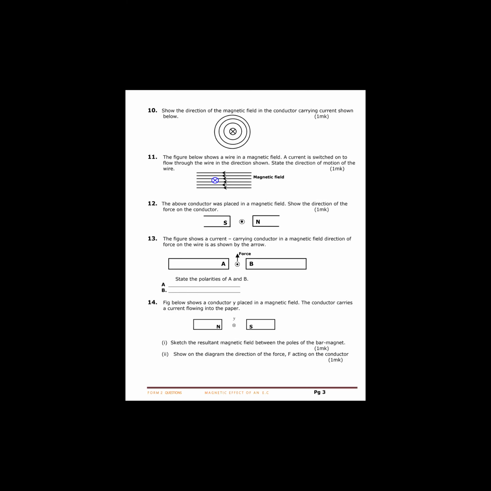If you use the Fleming's left hand rule, the direction of force, the magnetic field is moving towards B. Apart from that, how can you determine that A is North Pole and B is South Pole?